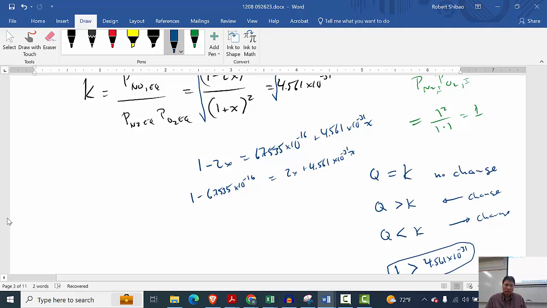So this 1 minus 6.7535 times 10 to the minus 16 is going to equal 0.999999999999999325, and this is going to be 2 point, and then I'll need 30 zeros, and then 4, 5, 6, 1, x.